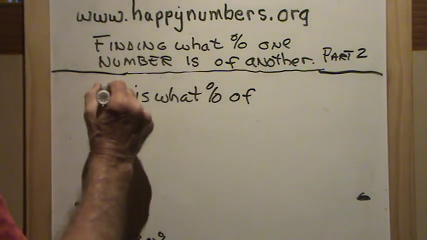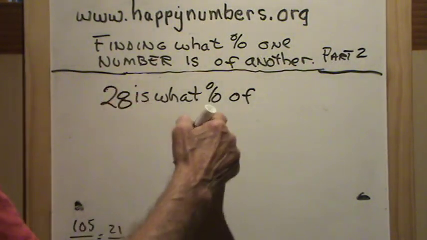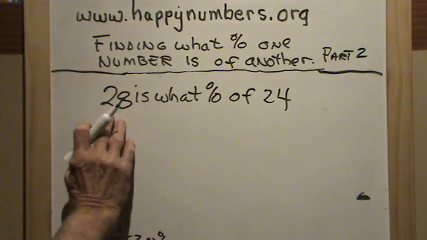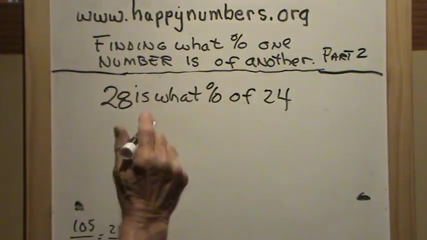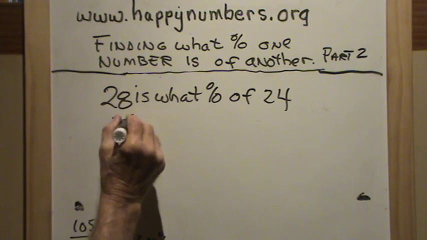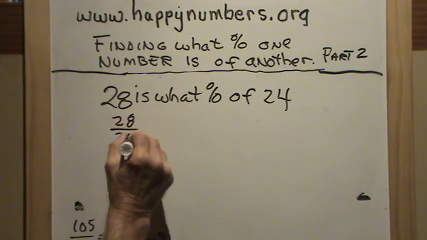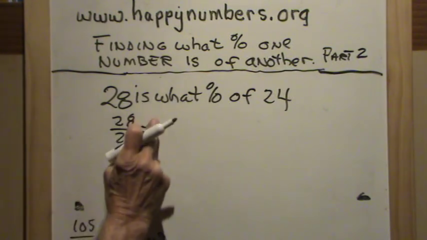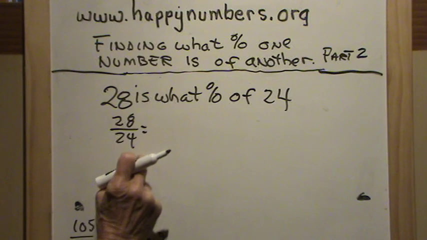We're going to look at a problem like this. 28 is what percent of 24? Well, here the top part of our fraction is bigger than the bottom, so we're going to wind up with an improper fraction, but we work it exactly the same. We reduce the fraction to its lowest name.